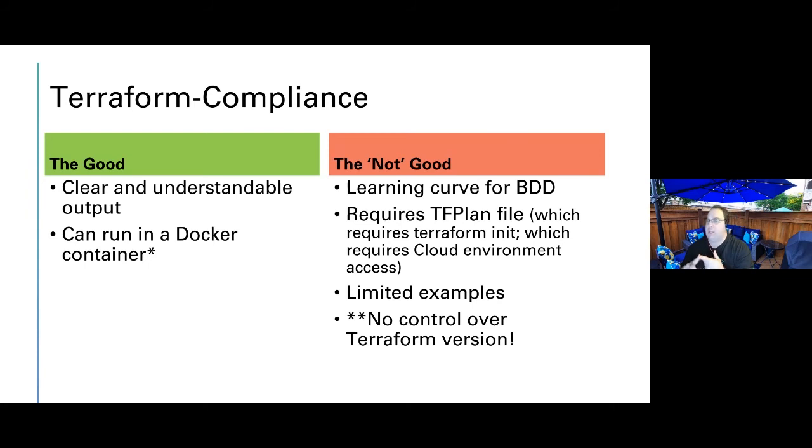Now, tied back to the learning curve of BDD, there were limited examples of how to work with that. And that's also what threw me off in trying to understand, how do I make my own compliance rule? Where does it have to be? What format does it need to be in? That type of thing. So more examples would be ideal.